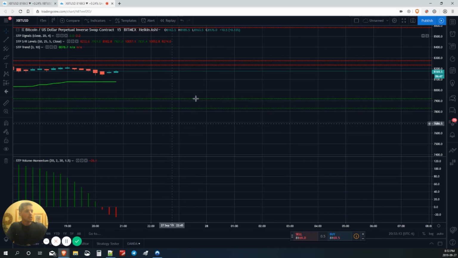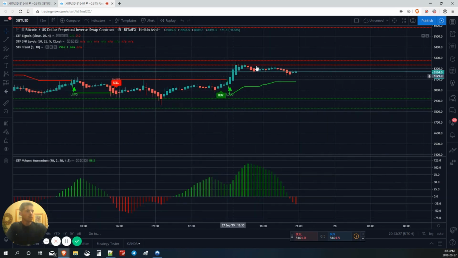So that's helpful on multiple time frames to understand how thick is that support. Is it any good? For instance, right here, we've got a little bit of support at 81.73. Not too much though.